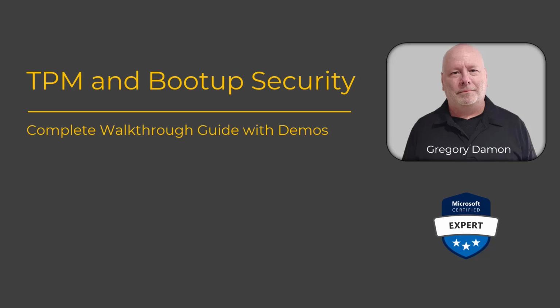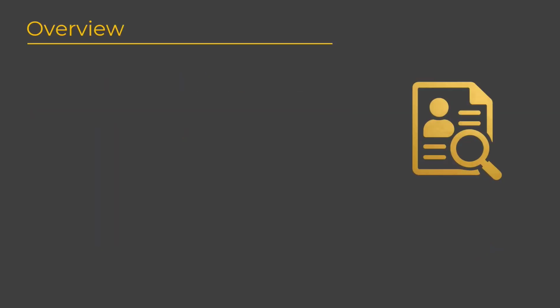So now let's go into the overview of what we'll be covering. First, we'll be covering what is TPM. Let's understand what TPM is, what it means, what are the requirements, those kind of things. Next, we'll cover what is Secure Boot and why is that important.